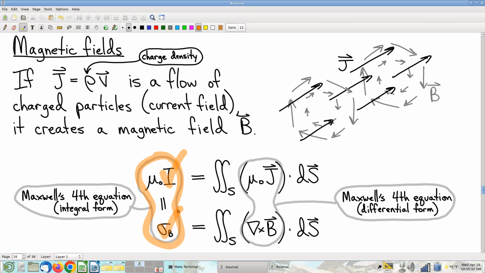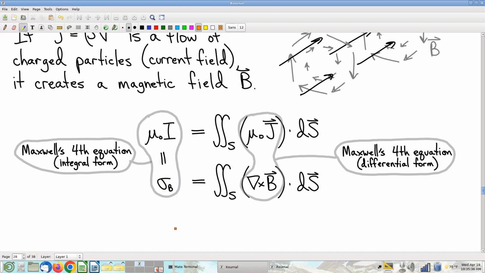Right? Okay. So again, we find ourselves in this algebraically familiar situation. We write down Stokes' theorem, and all of a sudden, this observation about the relationship between current and magnetic circulation connects up to a seemingly different statement about the flow field and the curl of the magnetic field.